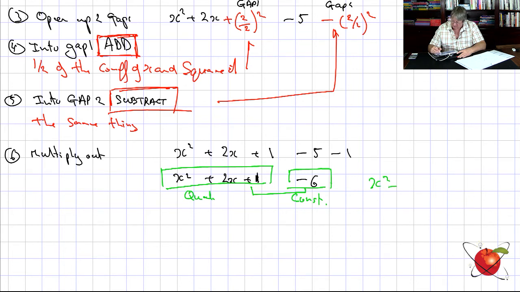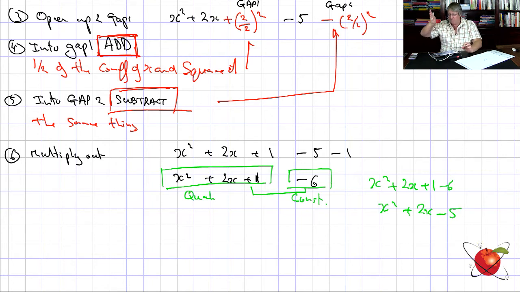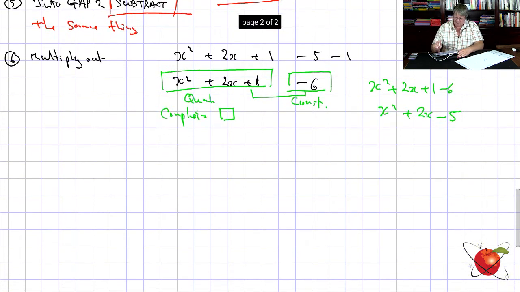We would get x squared plus 2x plus 1 minus 6 is x squared plus 2x minus 5. That is the quadratic that we started with. All right? So we haven't actually changed. We've just moved the constant away and put another number in. We have done that to complete the square over there. All right? Now, that I always like to do because that checks my number.